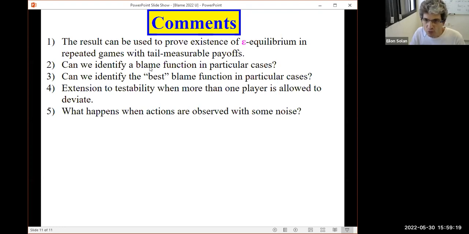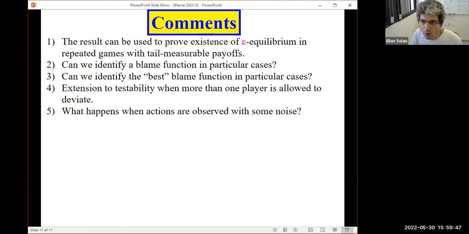I provided two non-trivial blame functions, but in general, I don't know. Also, I mentioned the ratio, the square root of epsilon, whether we can improve it or not, and whether we can identify the best blame function that actually achieves the best possible rate.